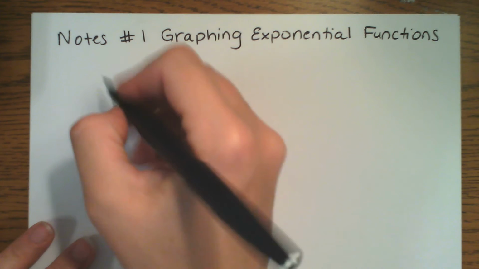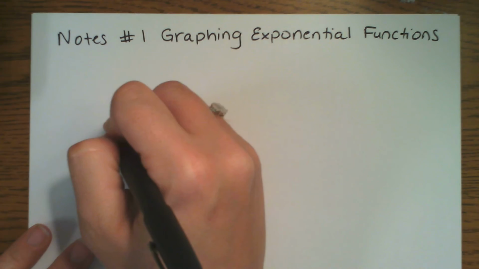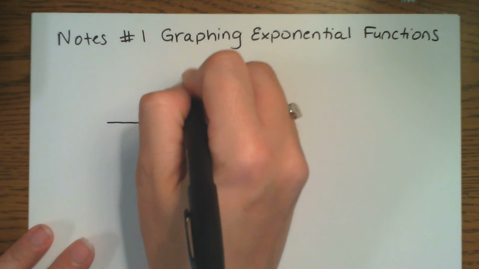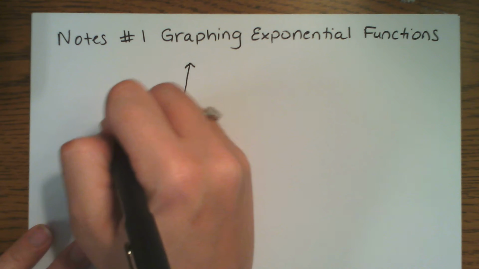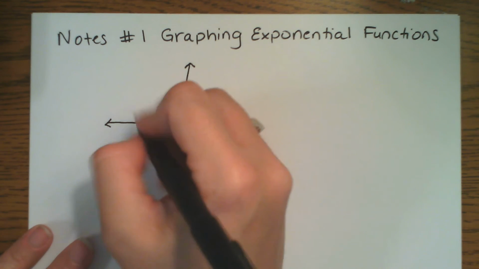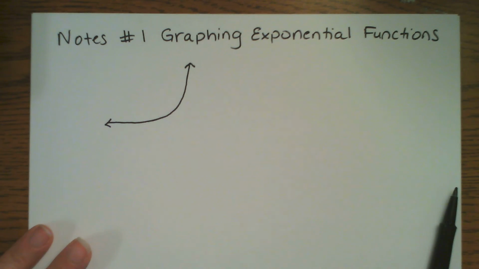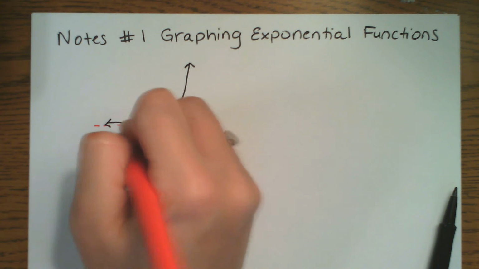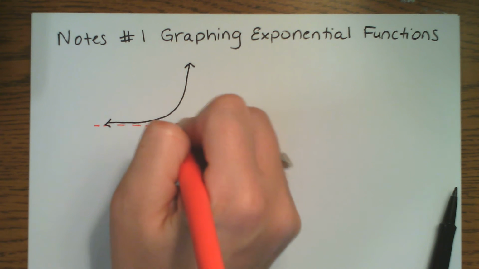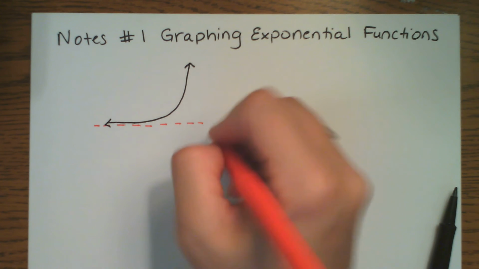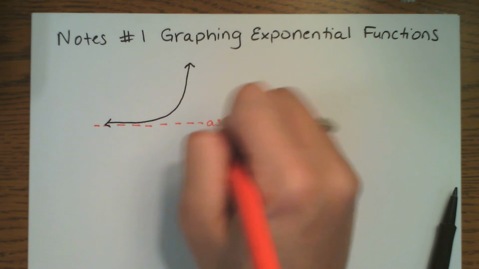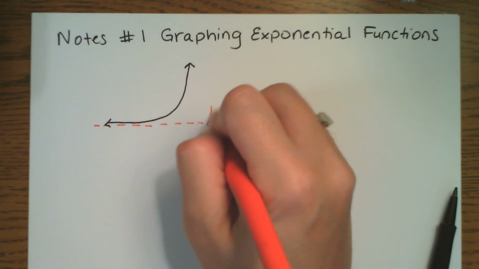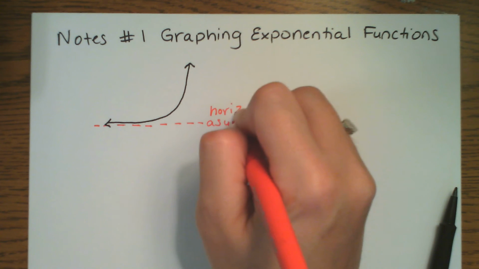So exponential functions will look like this. They'll be flat, and then they'll grow really tall, really fast. And on that flat side, it'll be very close to an asymptote, and it is a horizontal asymptote.